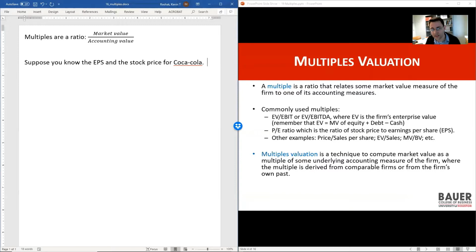We want to use this to figure out what the price should be for Pepsi, say. You're an analyst, trying to figure out what Pepsi's stock price should be. One thing you're going to do is compare it to Coca-Cola, because it's a pretty similar company.